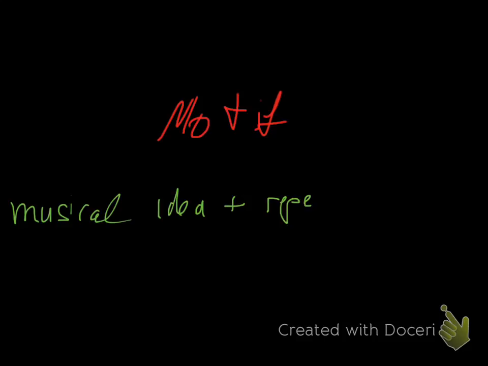So what's the motive or the motif? The motif is a musical idea that is repeated with modifications or repeated without modifications. So a musical idea that is repeated, and there are different ways of modifying it. I will just give you the bunch and you can look into the texts also to find out more.